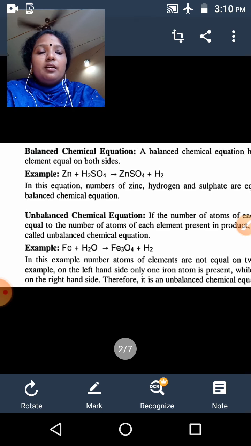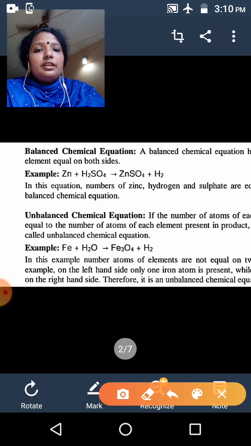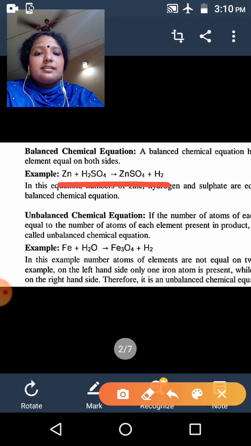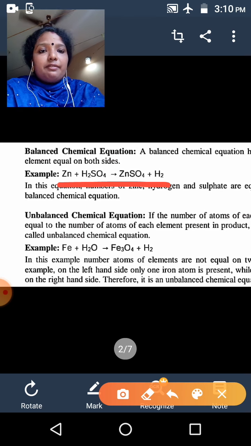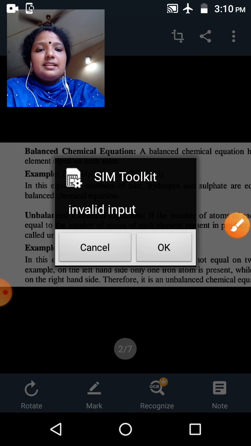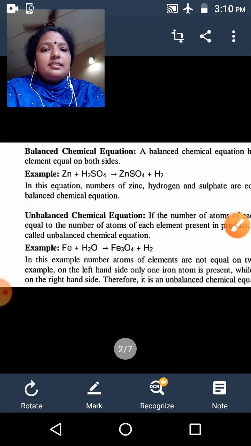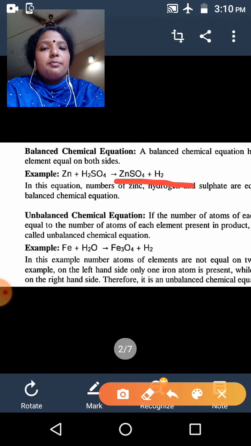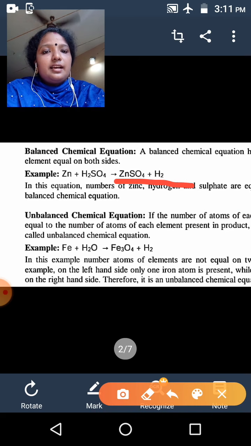For example, look at the equation zinc plus sulfuric acid gives zinc sulfate plus hydrogen. Here zinc and H2SO4 are the reactants, and zinc sulfate and hydrogen are the products.